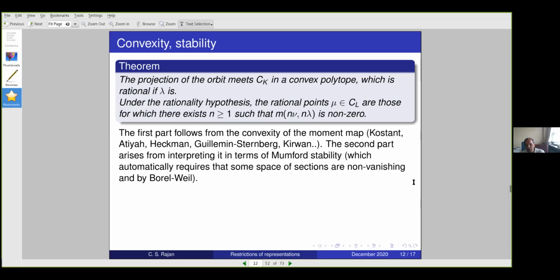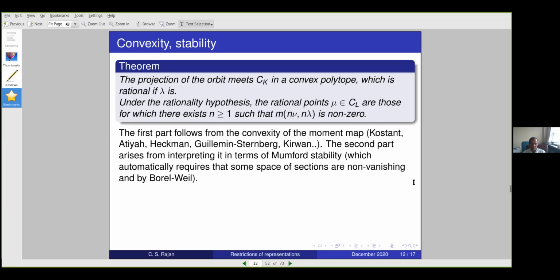Anyway, what it says is that this is what is called the saturation eigencone or whatever it is. So you're looking at all the multiples n lambda, look at the representation, restrict it to K, and look at the weights for which n nu occurs. These are the weights, and this is the cone.